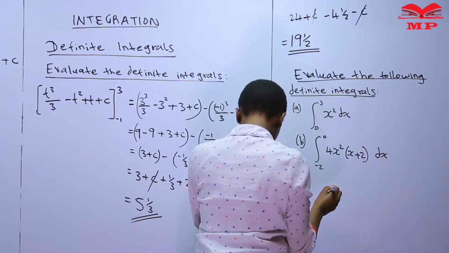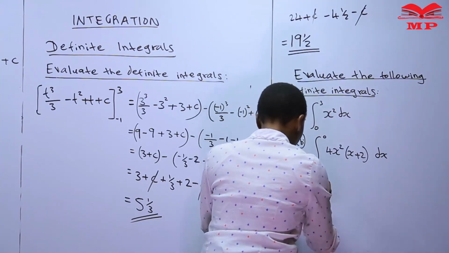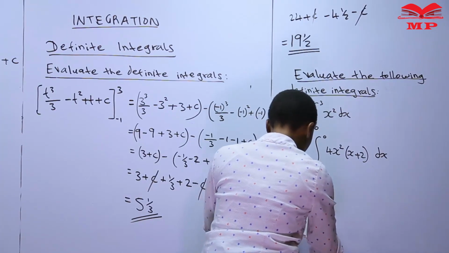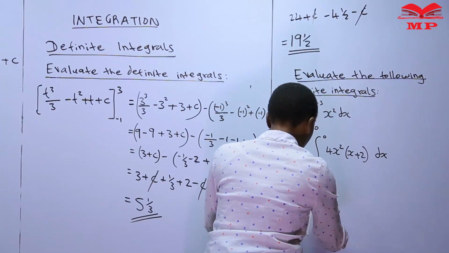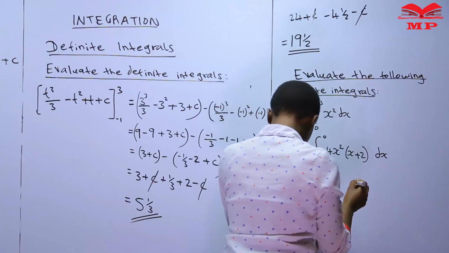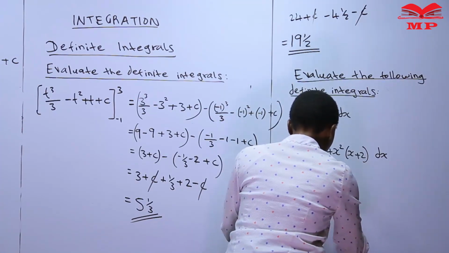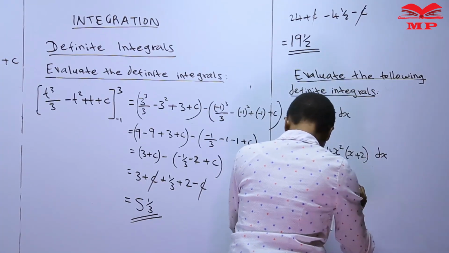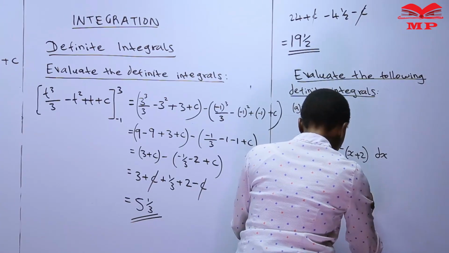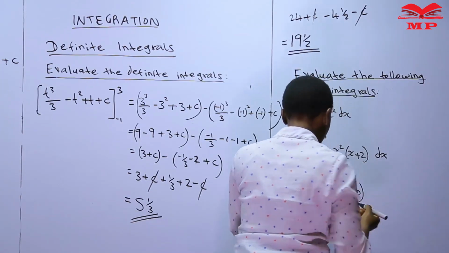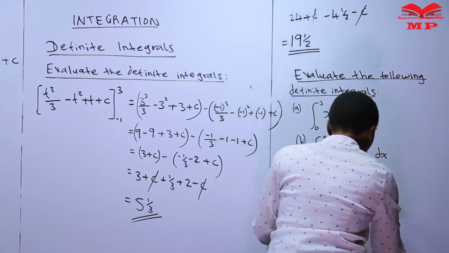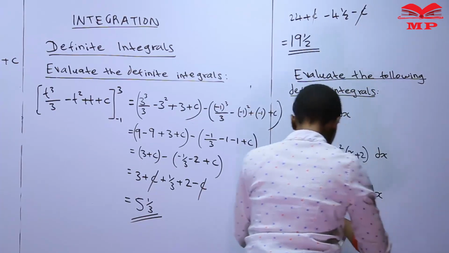Then part C, again now from -3 to -1, we have ax squared plus b with respect to x.